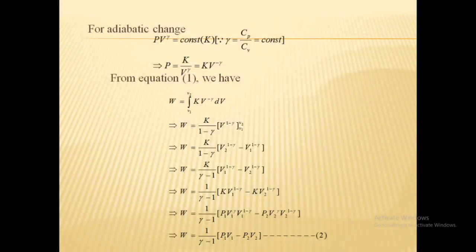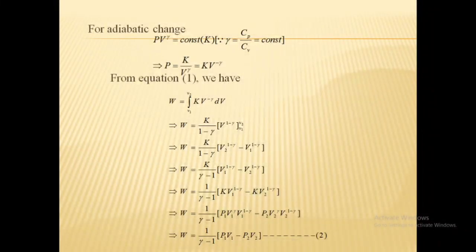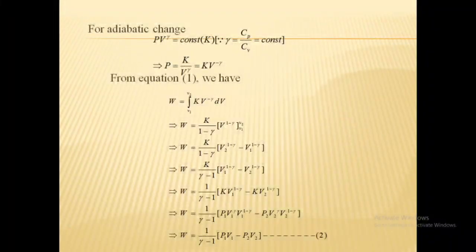In the next line we can write W equal to K by gamma minus 1 into V1 to the power 1 minus gamma minus V2 to the power 1 minus gamma. That implies W equal to 1 by gamma minus 1 into K V1 to the power 1 minus gamma minus K V2 to the power 1 minus gamma. I think you can understand this line.